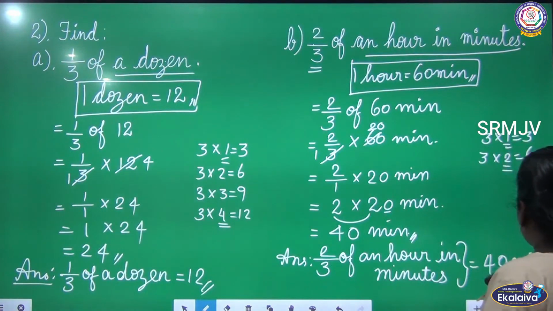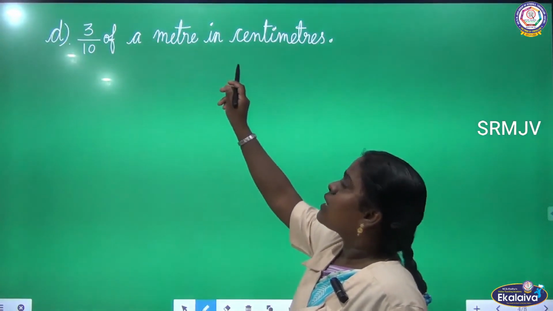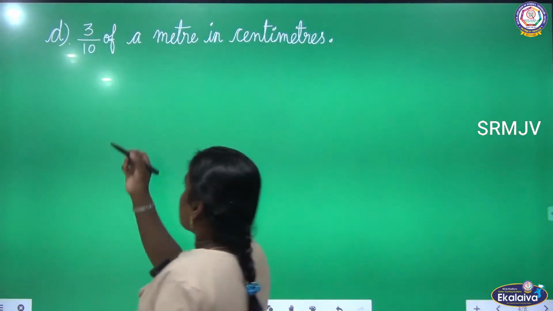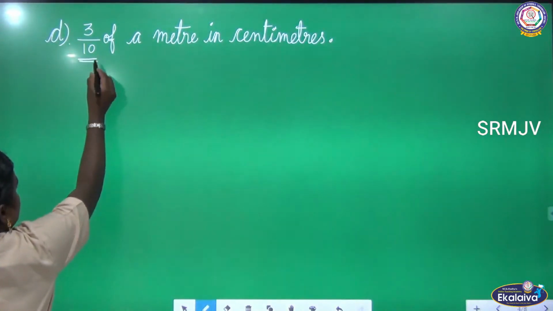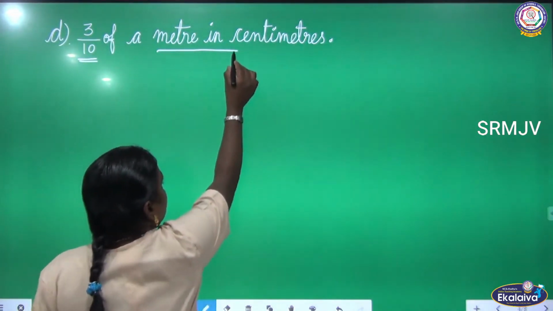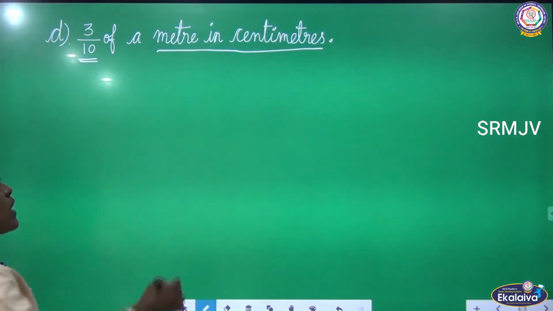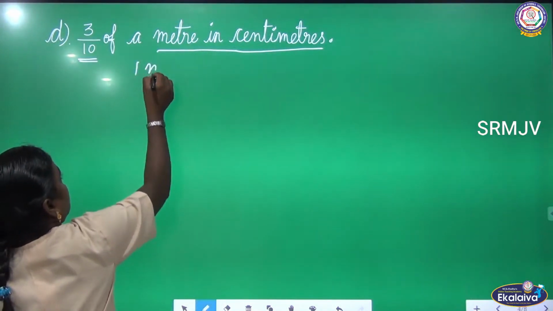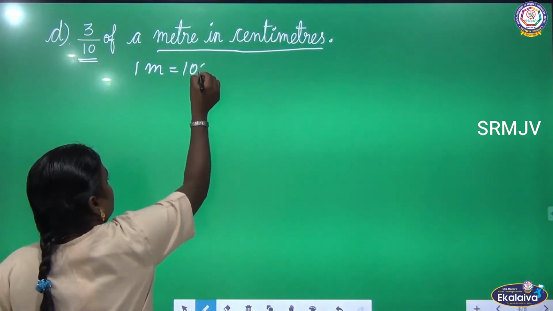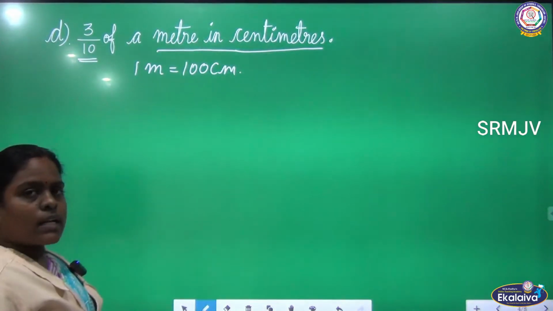And the next question, 3 by 10 of a meter in centimeters. Listen, 3 by 10 is a fraction and the whole number we want to find out. Meters in centimeters. We know that 1 meter equals 100 centimeters.